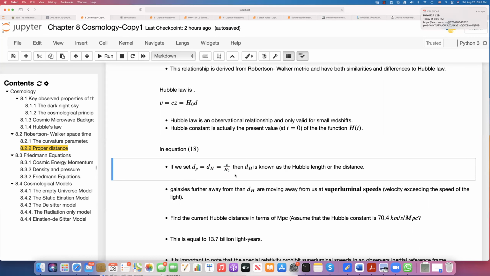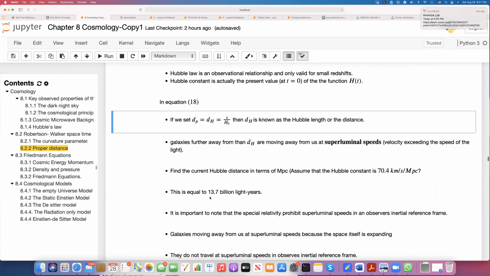Now, if you convert this into light years, that will be around 13.7 billion light years. That is interesting, and this is roughly the age of the universe. Not the exact value, but very close to that. In this way, if you need, you can get a rough estimate for the age of the universe as well.